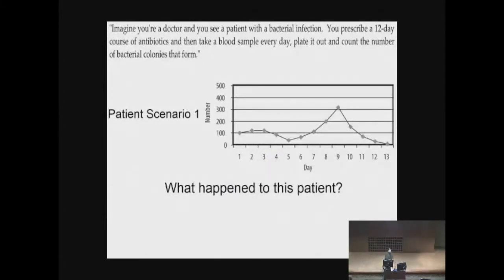So look at this one. This is patient 1. You see the number of cells growing in the blood. These are the days, starting out right here when you collect the blood samples and you count the number of bacterial colonies. Think for like 30 seconds, what can you read from this figure?